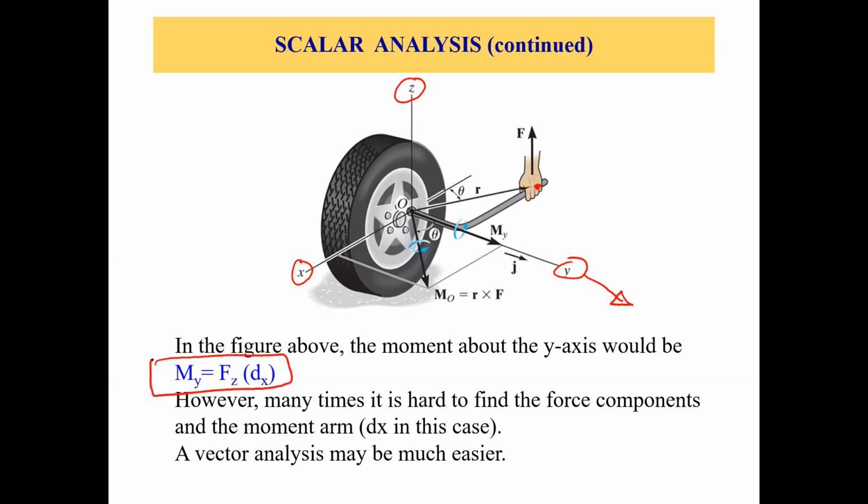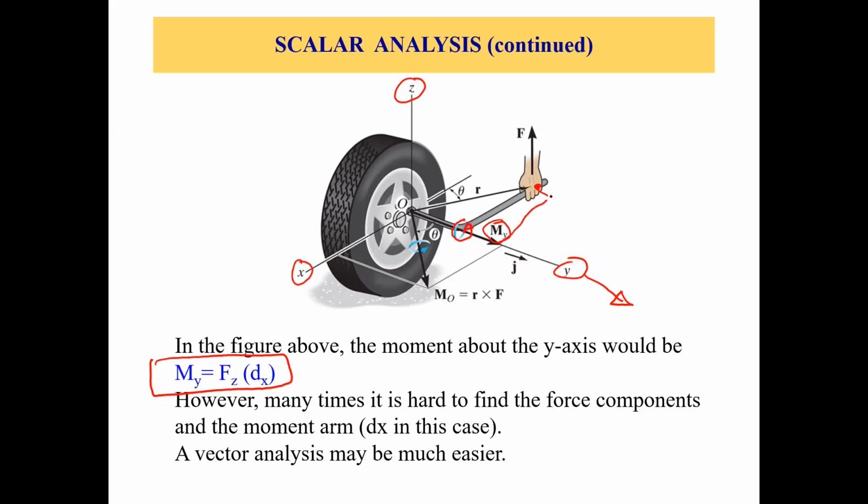M sub y equals F sub z times d sub x. Why? Because we take the z component of the force, F sub z, times d sub x. We are talking about this moment, M sub y.